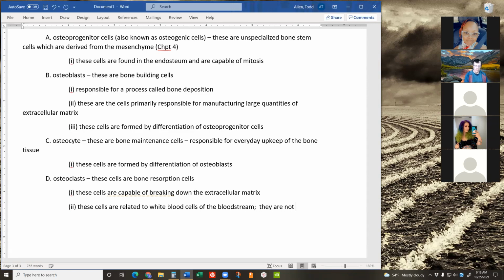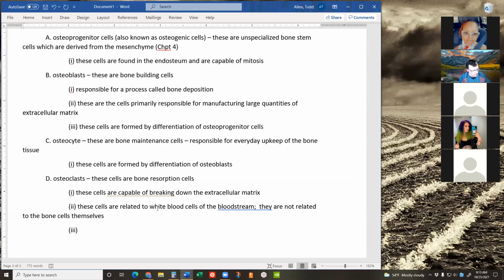They are not related to the bone cells themselves. Okay, so osteoclasts are found in the bone, but they're not related to your typical bone cell. They're related to the blood cells.